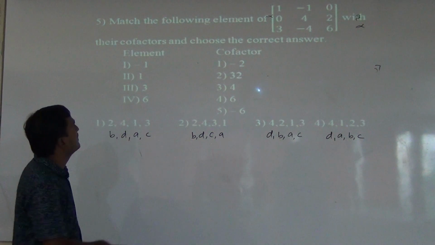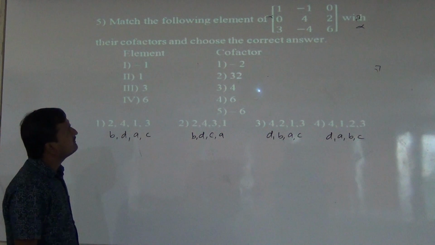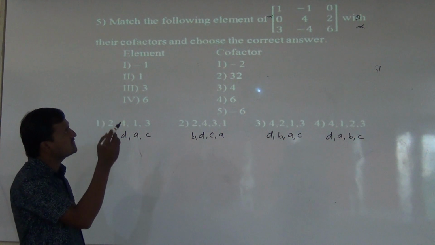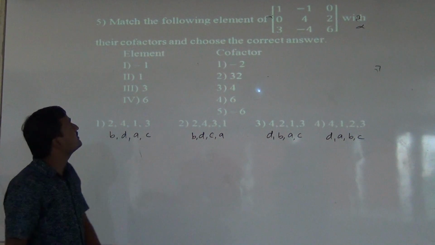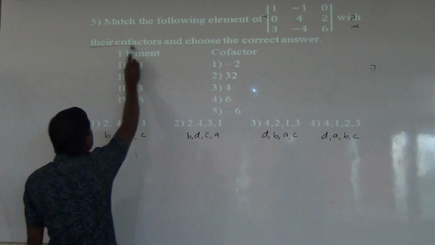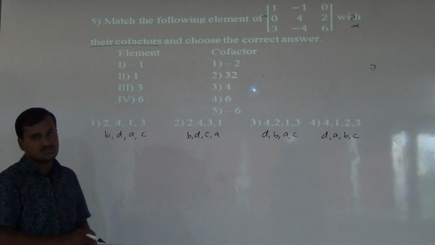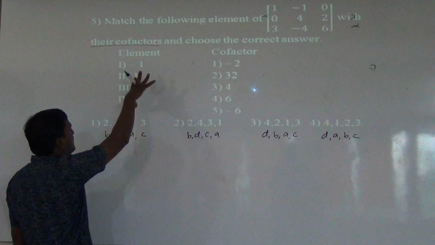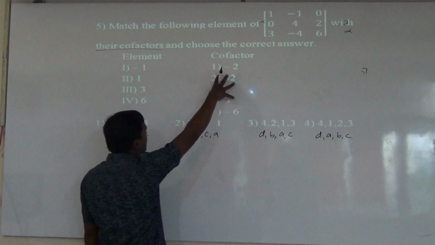Both are correct. So match the following elements of the matrix 1, -1, 0, 0, 4, 2, 3, -4, 6 with their cofactors and choose the correct answer. Here they have given the cofactor elements, and we should write the cofactor answers.